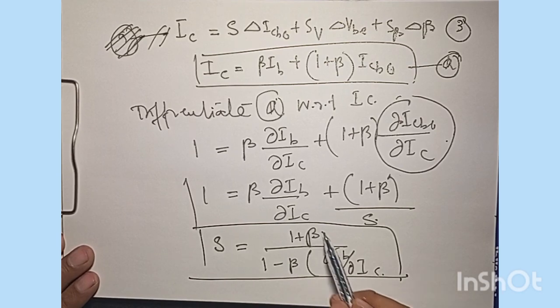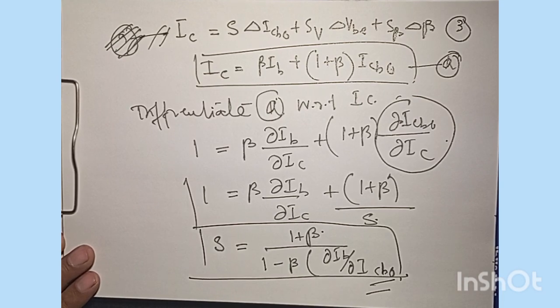It depends on beta, and it depends on the variation of base current with respect to the reverse leakage current. The same analysis can be done in terms of other parameters and other configurations. So here we try to analytically, mathematically understand the dependence of stability on some parameters of the transistor.